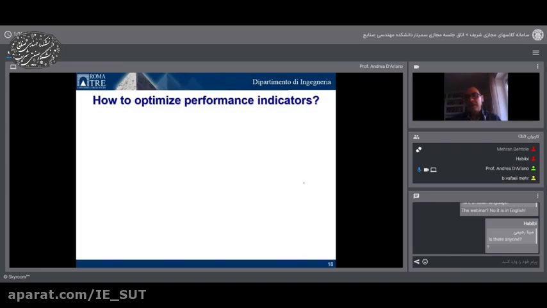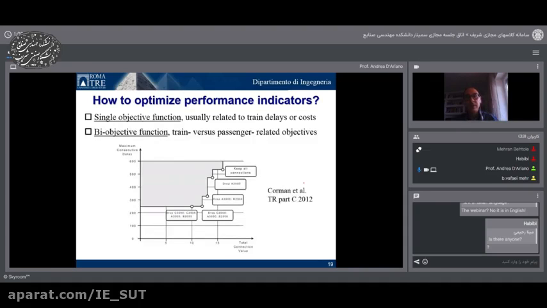How to optimize the performance indicators? More in general, you might have a single objective function, for example, minimizing the delays or minimizing the cost, and you can optimize it through a dedicated algorithm. But you might also be in a situation where you have multiple objectives.